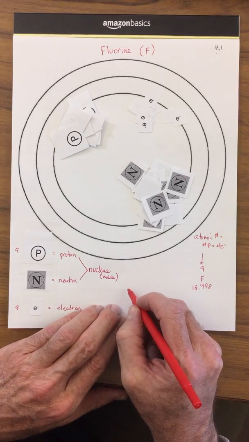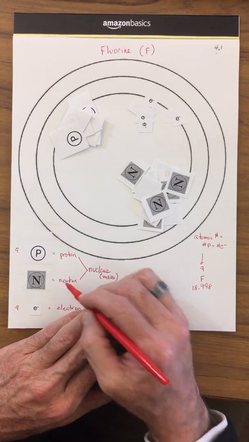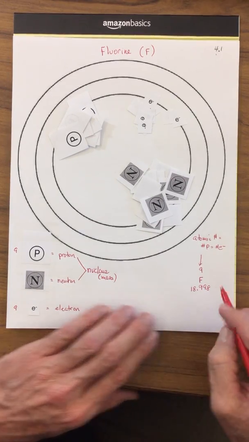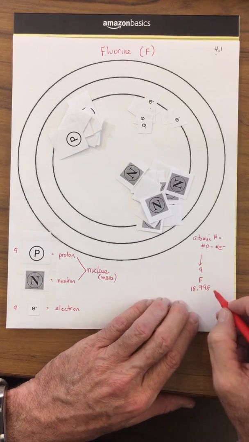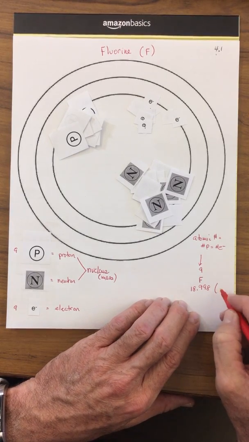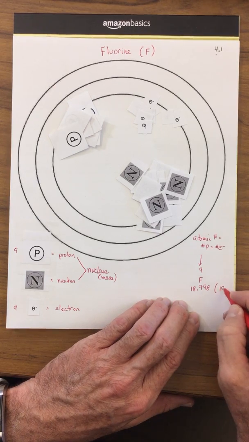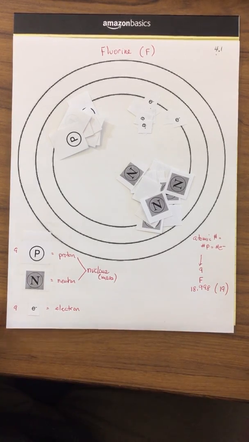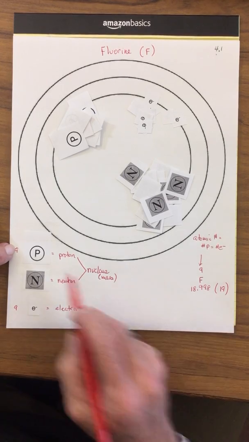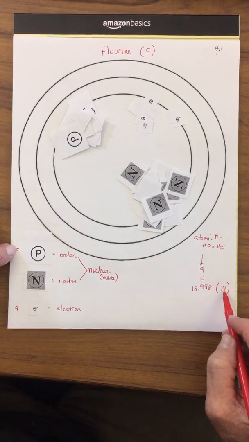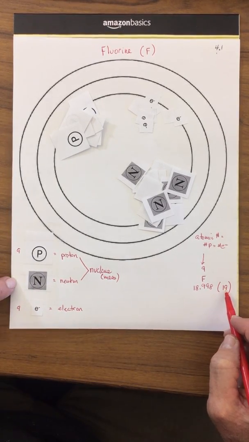So we have the protons plus the neutrons equals this number. We can actually round this number. This number is going to be called the mass number. And when you round the 18.998, the mass number for this is going to be 19. Well, if I have 9 protons of my 19, how many neutrons will I have that will add to 19?